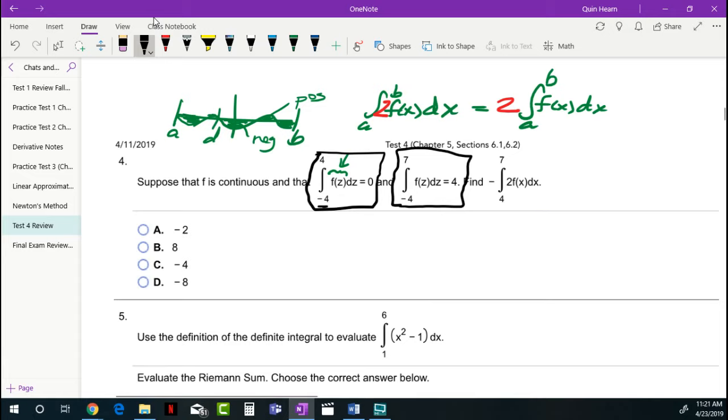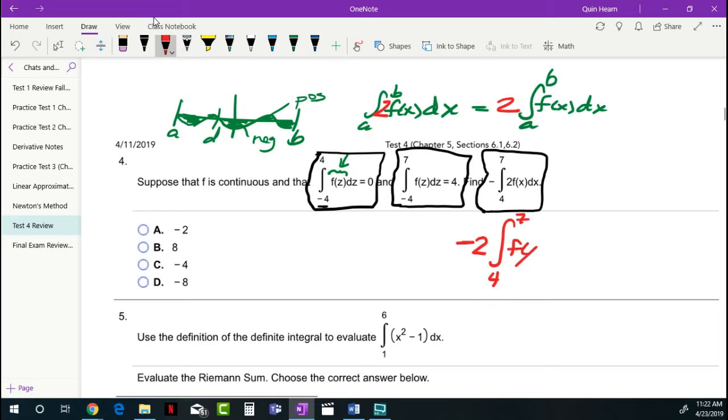So let's look at this particular example, item number 4, and discuss some of the properties here. They're saying, suppose that f is a continuous function and the definite integral from -4 to 4 equals 0, which tells you that the total area above the x-axis and below were the same. So when we added up the negative and positive areas, we got 0.